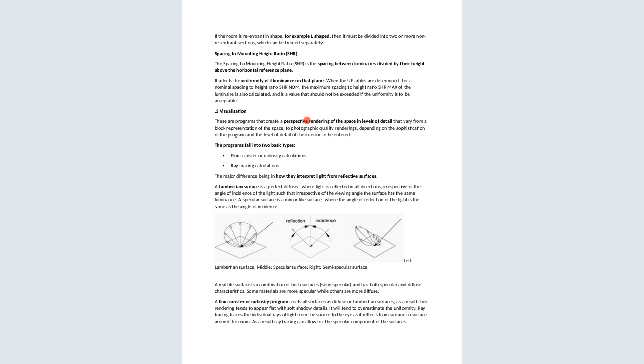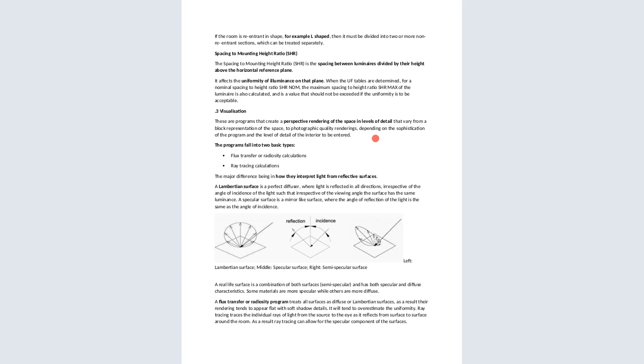Visualization. Visualization is another method that we said we can use in calculation. In visualization, this is the process that creates perspective rendering of the surface, in levels of detail that vary from a block representation of the space to photographic quality renderings, depending on the sophistication of the program and the level of detail of the interior to be entered.